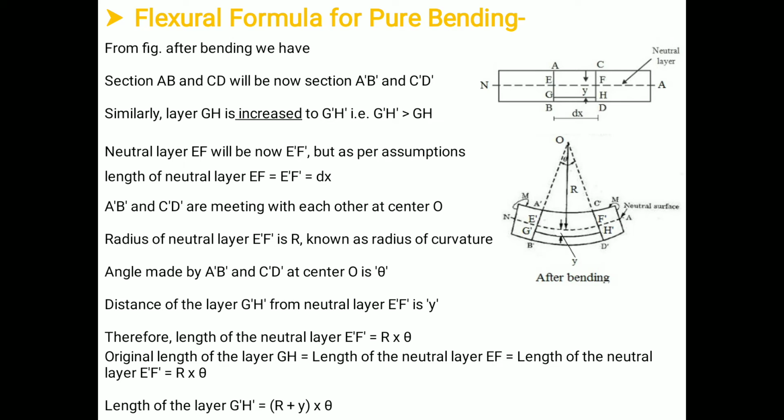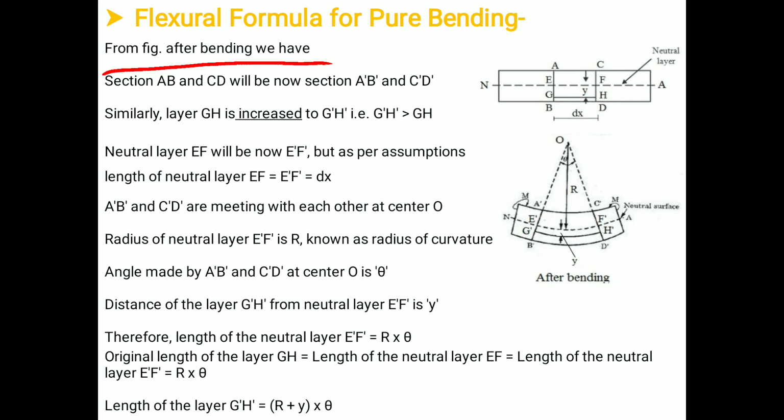Now, as the beam is subjected to pure bending, we have the arc of a circle. This figure shows the bent portion of the beam when it is subjected to simple bending. From the figure, after bending, sections AB and CD will become A'B' and C'D'.